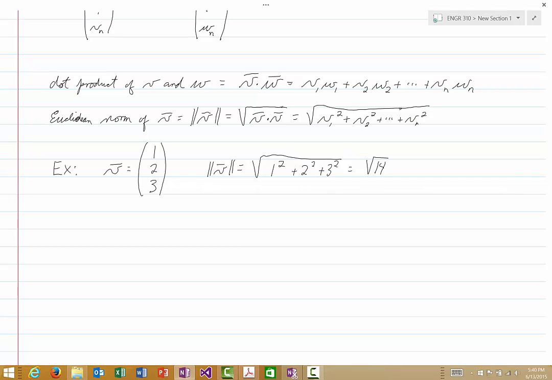And another interesting idea that's related to the dot product is the following.